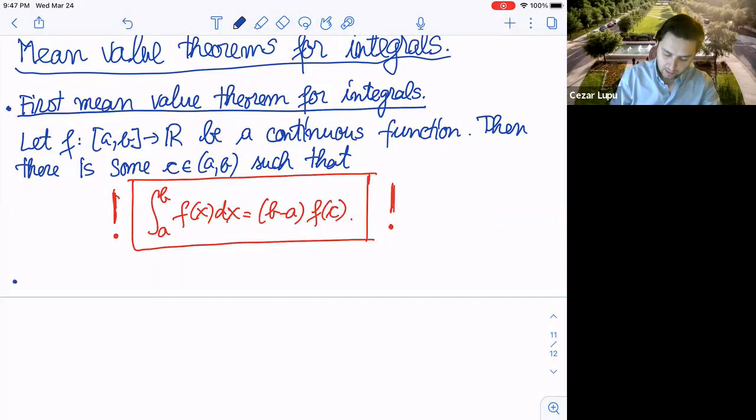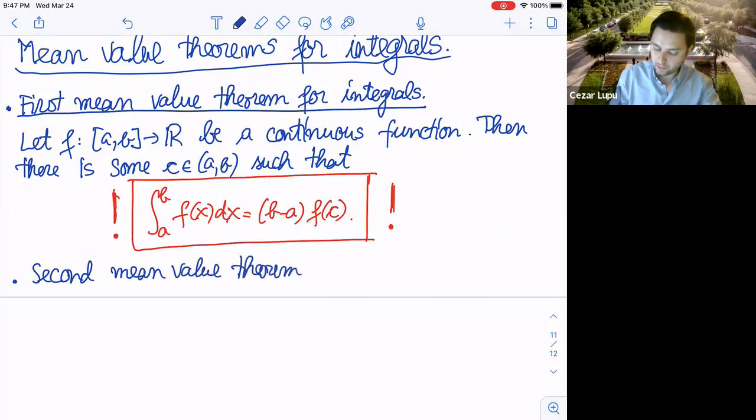Now the second mean value theorem for integrals. This time, we will deal with two functions.